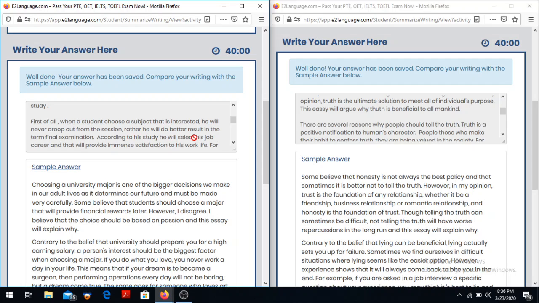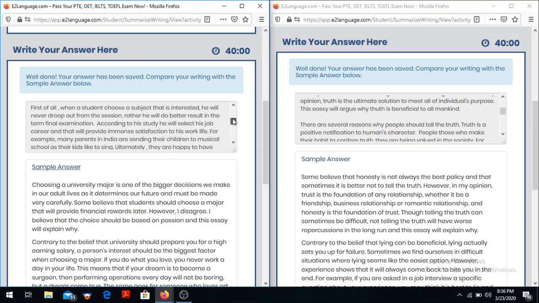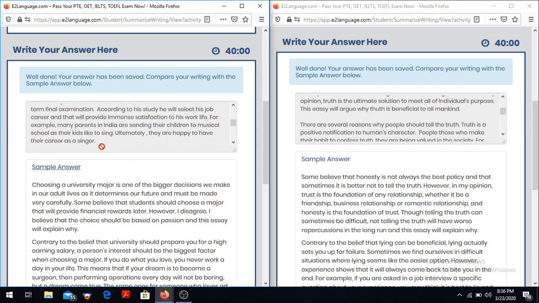Rather, he will get a better result in the term final examination. According to his study, he will select his job, career, and that will provide immense satisfaction to his work life. For example, many parents in India are sending their children to musical school as their kids like to sing. Ultimately, they are happy to have their career as a singer.